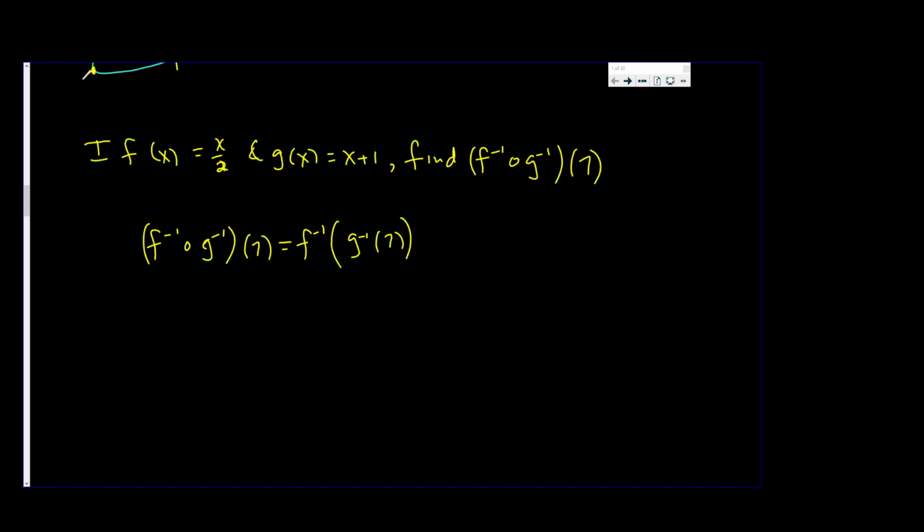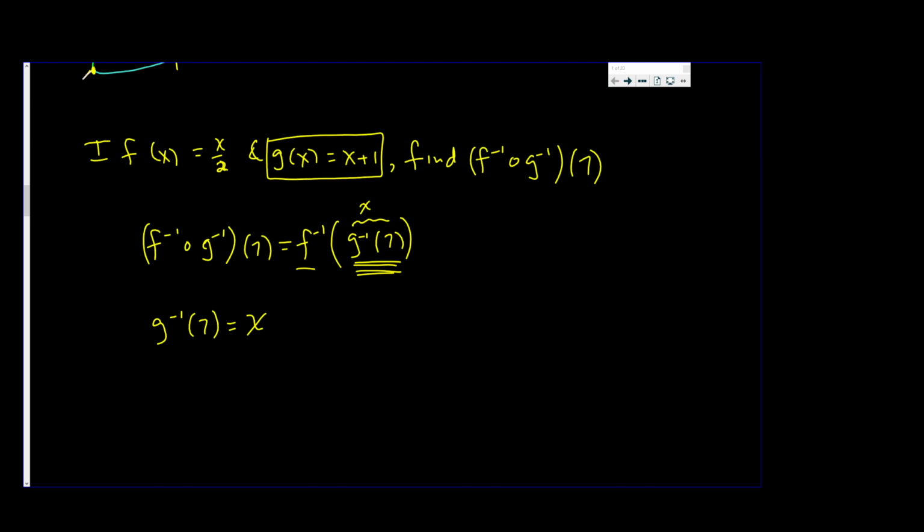Okay, so I know one thing. Before I can find f of this, I need to know what that is. Well, I have g of x. This here is an x value. g inverse of 7 is equal to x.